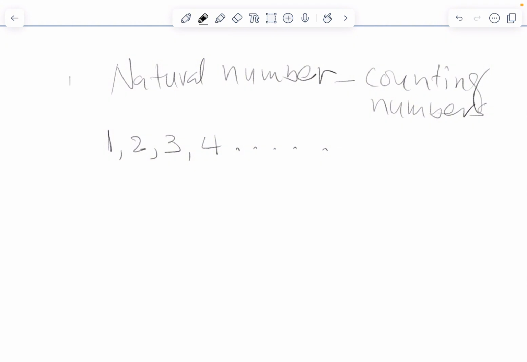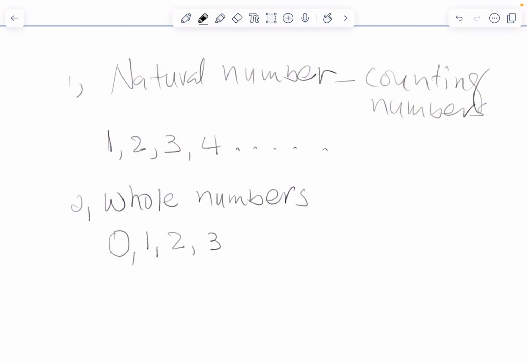Next, we want to talk about whole numbers. Whole numbers start with 0 and contain all the natural numbers, like 1, 2, 3, and 4, and go on.